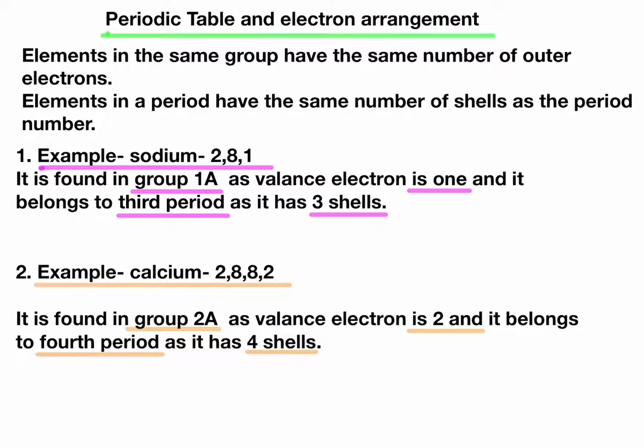Another example, calcium's electronic configuration is 2, 8, 8, 2. It is found in group 2A as its valence electron, that is the outermost electron, is 2, and it belongs to the fourth period as it has 4 shells. So by looking at the electronic configuration, we can trace which part of the periodic table the element belongs to.